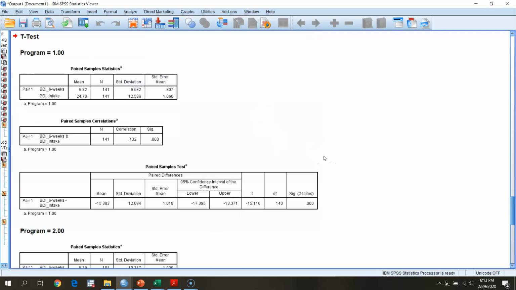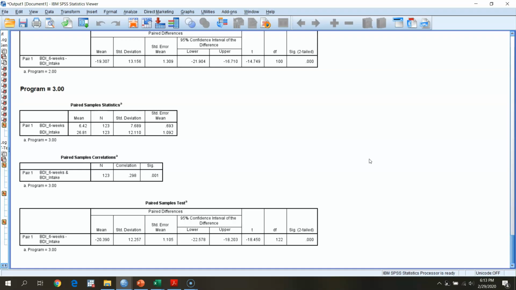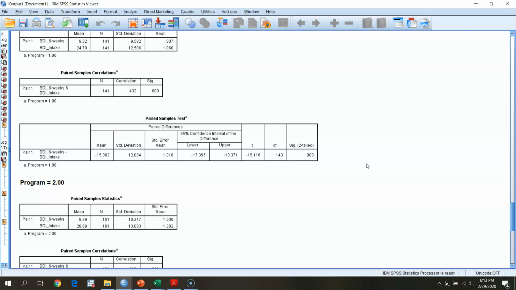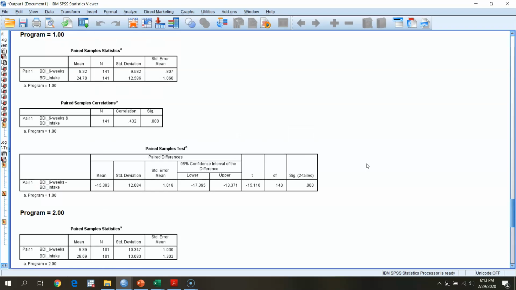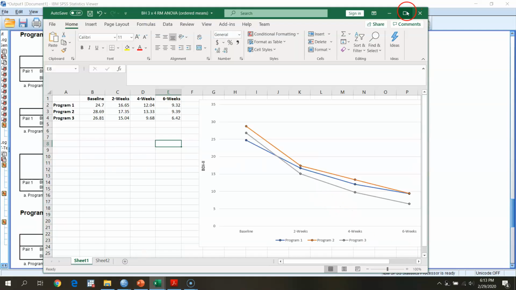Okay. So what we've got is program 1 and looking at pre to post treatment change for program 1, for program 2, and for program 3. Okay, so we've got 3 within subjects effects here that we're looking at, and honestly, we talked about this before in class, I'm really not super concerned about the actual significance test based on these reductions.